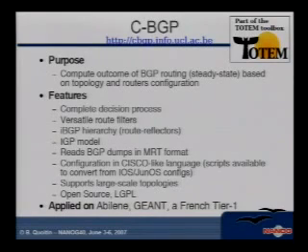C-BGP supports most of the BGP decision process, so local pref, AS path length, MED, and other things. It can be configured with different routing policies, so tagging routes with communities, prepending AS paths, etc. It is able to read BGP routes that you would have collected on your border routers, and you can inject them into the model.